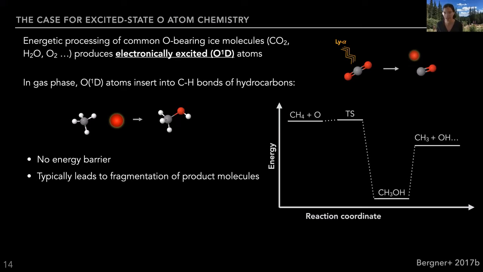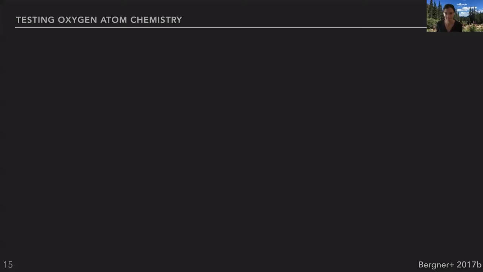But in the gas phase, you can't actually stabilize this product molecule, and it tends to fragment into smaller pieces, meaning that this oxygen insertion chemistry is not allowing you to build up more chemical complexity in the gas. So we were very interested in testing what the energetics and products of this type of chemistry look like in the solid state.